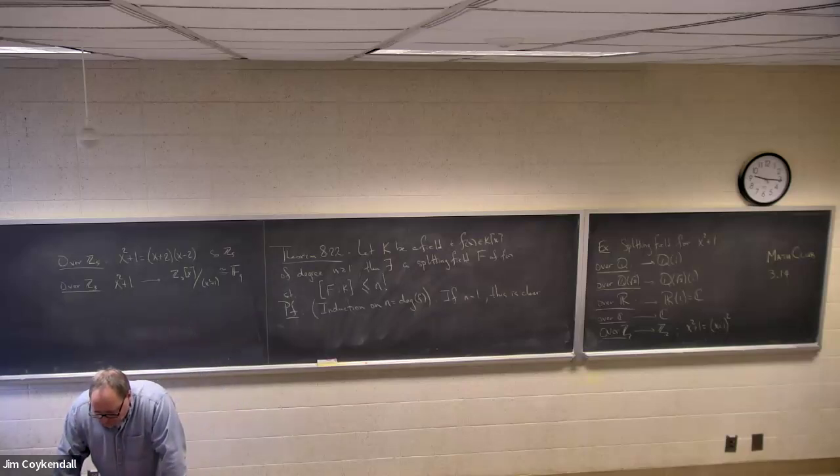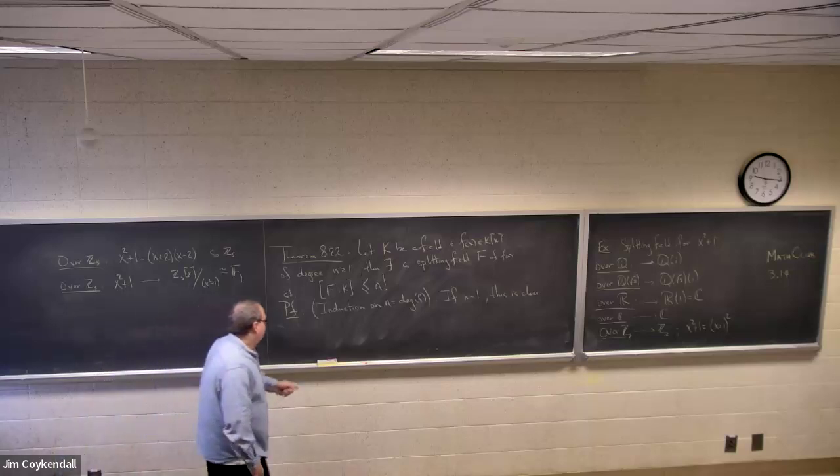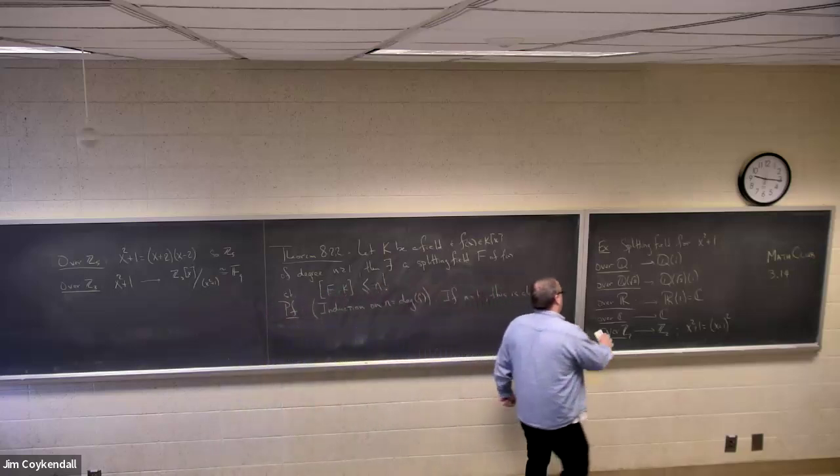We will assume that if f has degree not exceeding n minus 1, then there's a splitting field of degree no more than n minus 1 factorial.